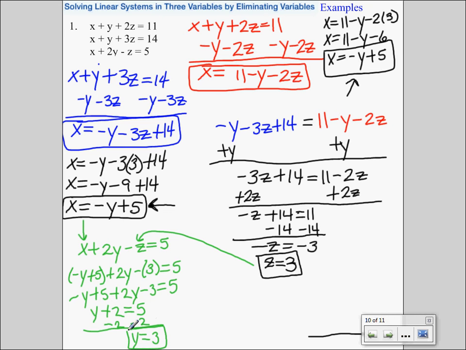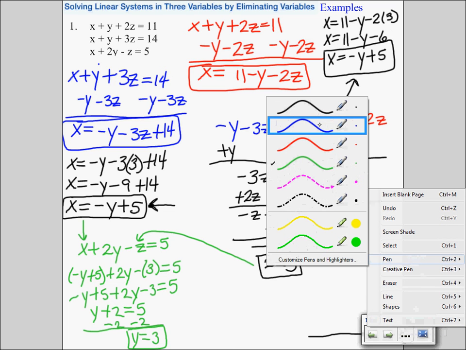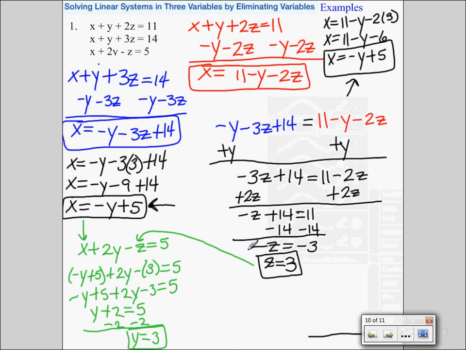Okay, so we have an x, y, and z unknown, and so far we have found y and z, so our last step will be to find what x is equal to. So to do that, let's just take one of these values we have for x, one of these equivalent equations. So let's select x equals negative y minus 3z plus 14.